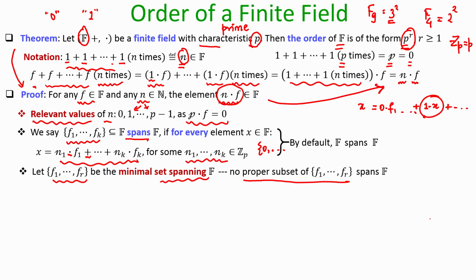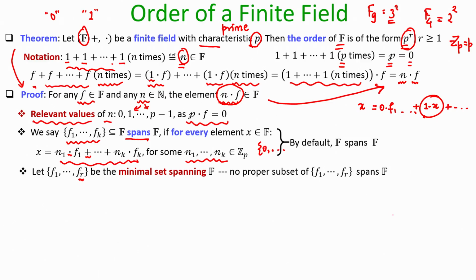It may be possible that a collection of the first 3 elements from the field constitutes a minimal set spanning the field, or say the last 2 elements from the field, they are the essential elements and so on. Now, why I am focusing on value r here, because remember our goal is to show that the order of the field is of the form p power r, that is why I am taking r here.